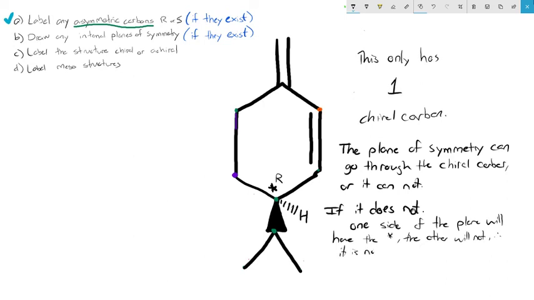Just to illustrate, if we suppose this has a plane of symmetry, and it doesn't cut the chiral carbon, then the chiral carbon will be on one side. It can only be on one side since we only have one of them. So this side will not have that carbon. Therefore, this is not a plane of symmetry because it doesn't cut it equally.